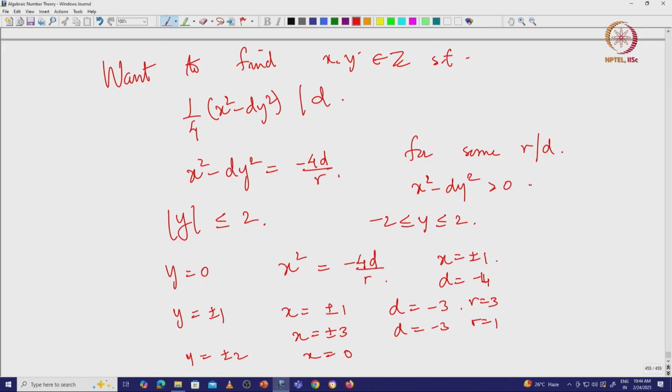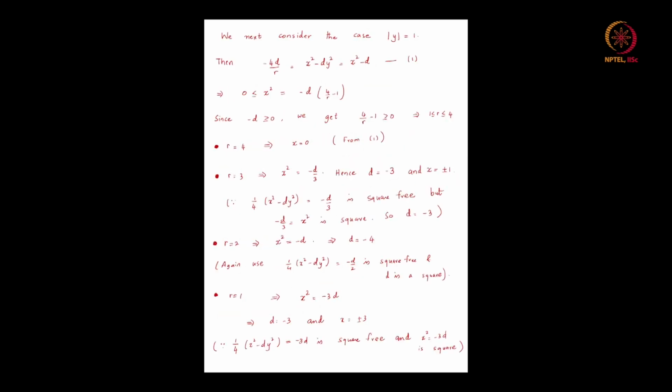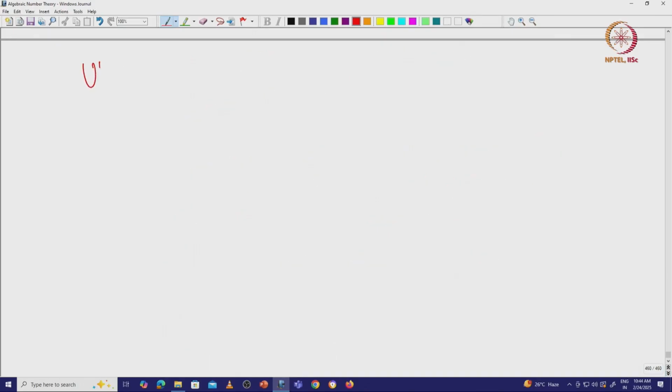There is no restriction on d as such. So, the upshot of all this, and I do not want to go case by case, but let me write the upshot of all this, and you can take it as a sort of exercise of putting everything together.